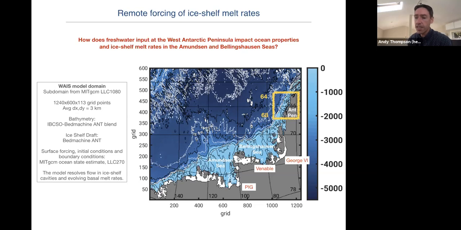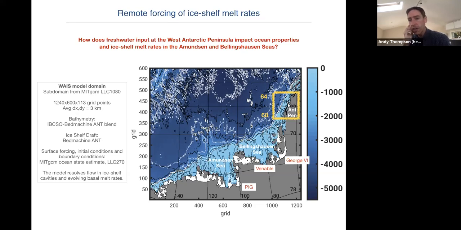And so we are essentially doing a process-based study, or a suite of sensitivity studies, where we add a certain amount of freshwater perturbation that is only at the northern part of the peninsula, mostly focused along the coast.